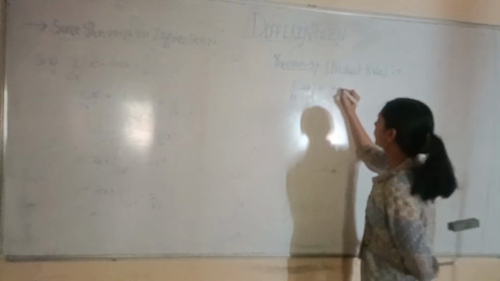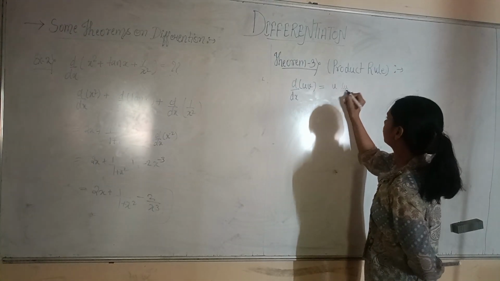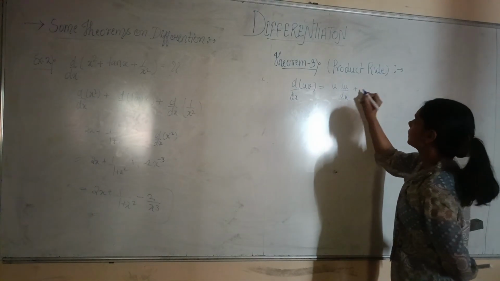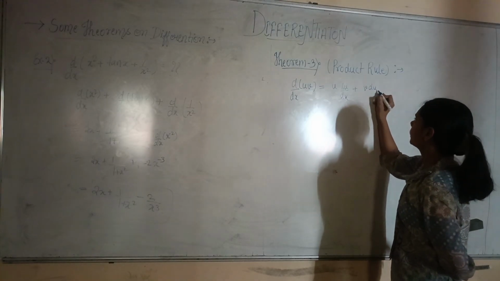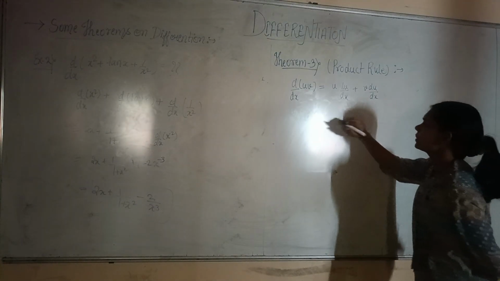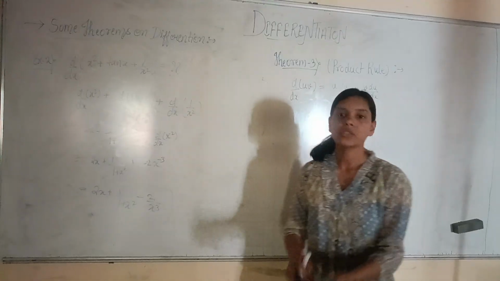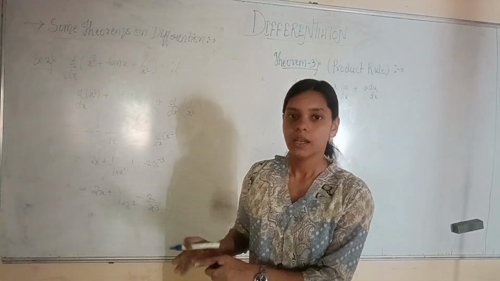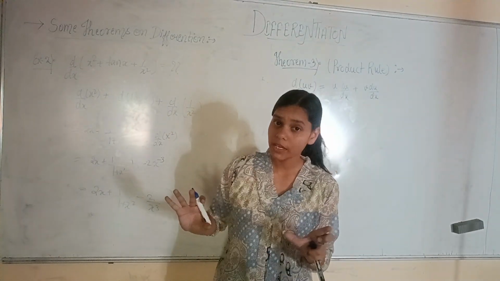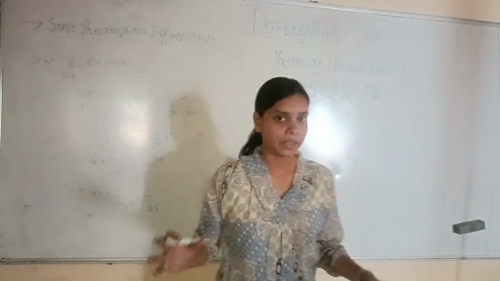So: first function into differentiation of second function, plus second function into differentiation of first function. This is the way to learn this formula.